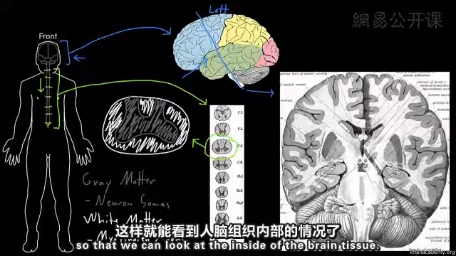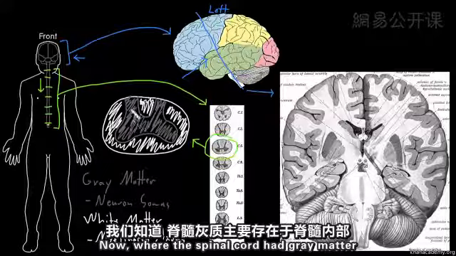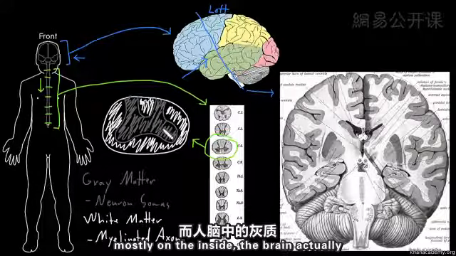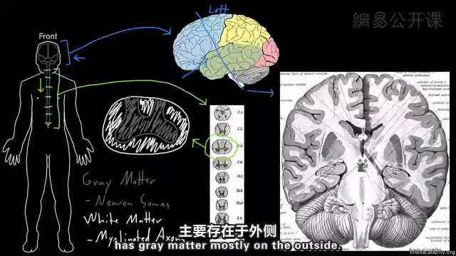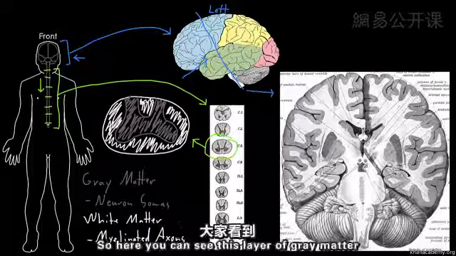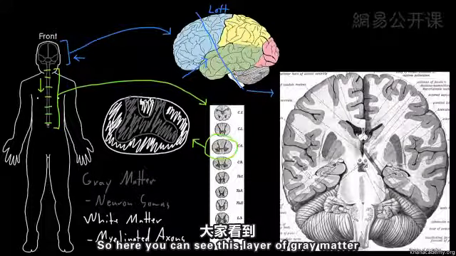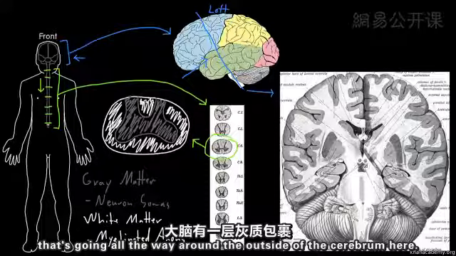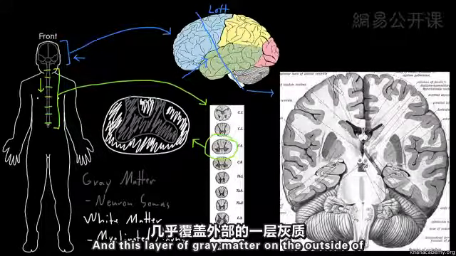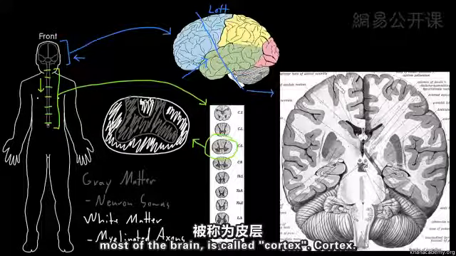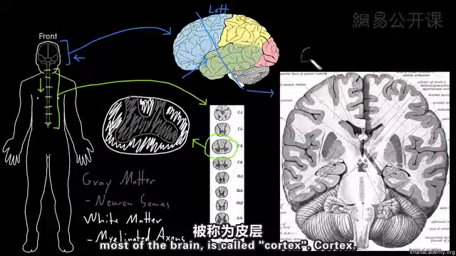Now where the spinal cord had gray matter mostly on the inside, the brain actually has gray matter mostly on the outside. So here you can see this layer of gray matter that's going all the way around the outside of the cerebrum here. And this layer of gray matter on the outside of most of the brain is called cortex.